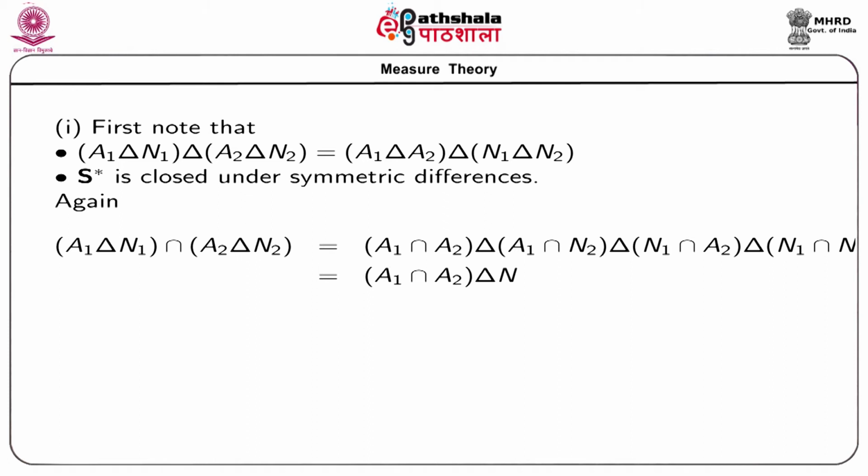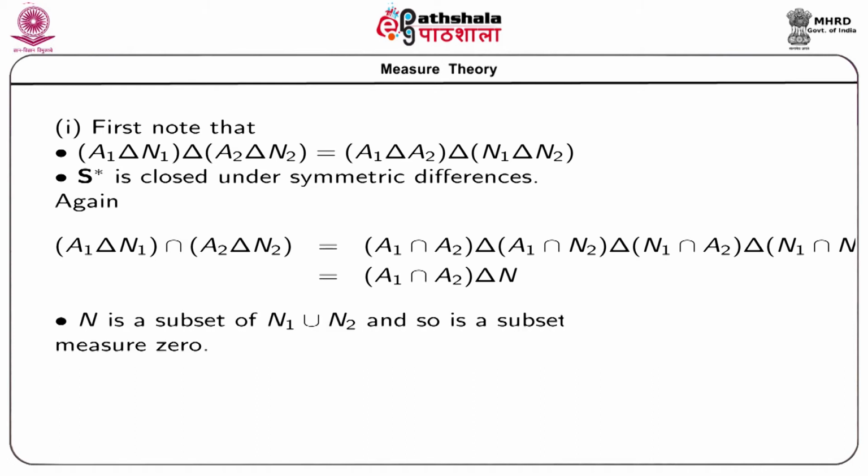Now, all the three sets on the right hand side after A1 intersection A2 are subsets of some set of measure 0, and so combining them we can write it as just N. So, this set is of the form A1 intersection A2 delta N, where the set N is evidently a subset of N1 union N2, and so is a subset of a member of S which has measure 0.